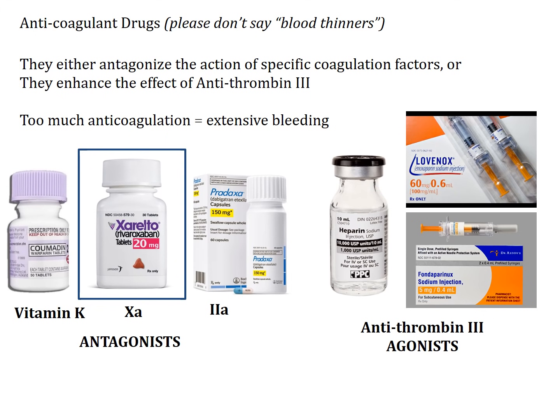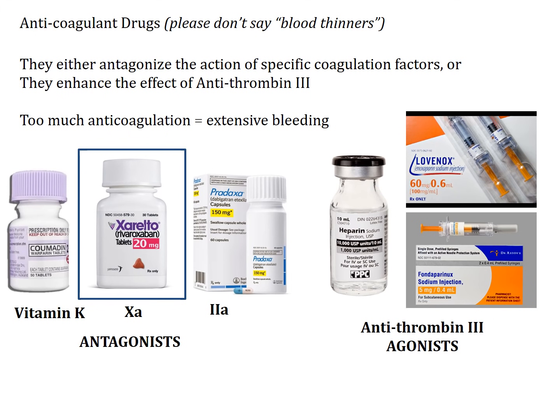I'd love to sit for another hour and talk about anticoagulant drugs with you, but we're going to leave that for pharmacology. What are anticoagulant drugs doing? Well, just like an antiplatelet drug is trying to make the platelet dysfunctional, the anticoagulant drug is either trying to make the coagulation factor dysfunctional or trying to enhance the action of the anticoagulant.